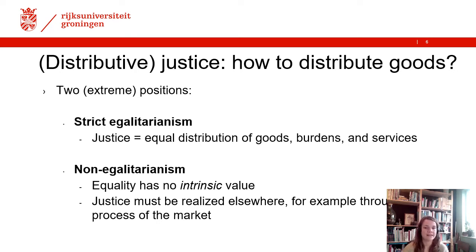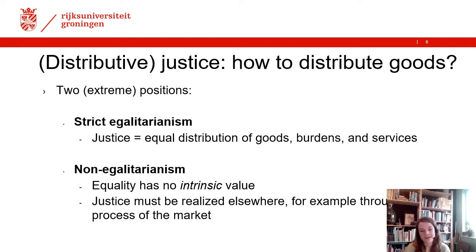Opposed to strict egalitarianism is a position that we call non-egalitarianism. And of course, it's already in the name. It's a negation of egalitarianism, right? So it does not imply equality. Justice is not equal to equality, because they propose that equality has no intrinsic value.